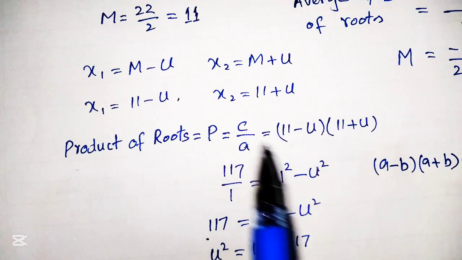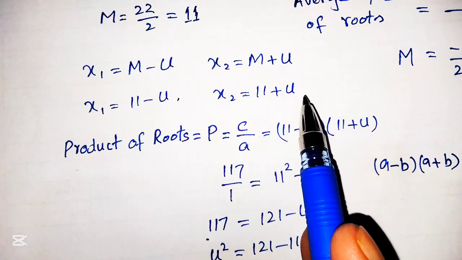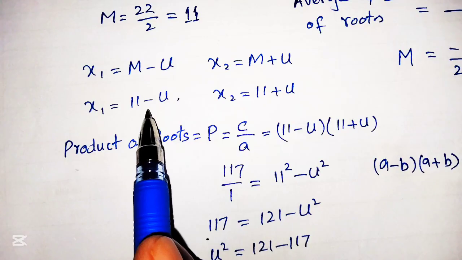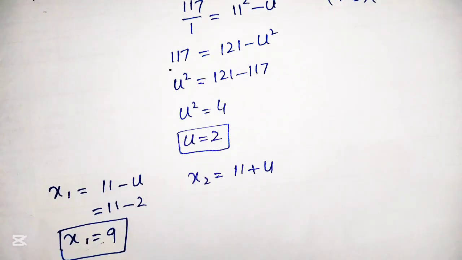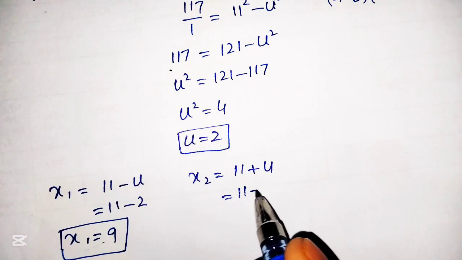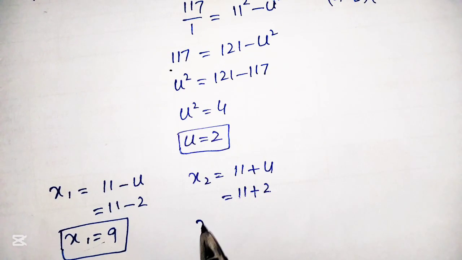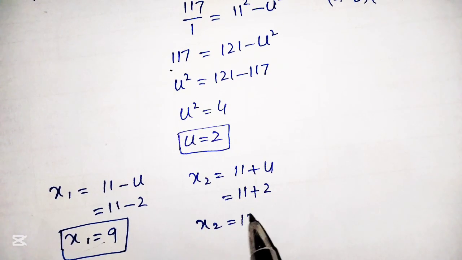For the second root, x2 is equal to 11 plus u. After putting the value of u here, we will get 11 plus 2, and x2 is equal to 13.